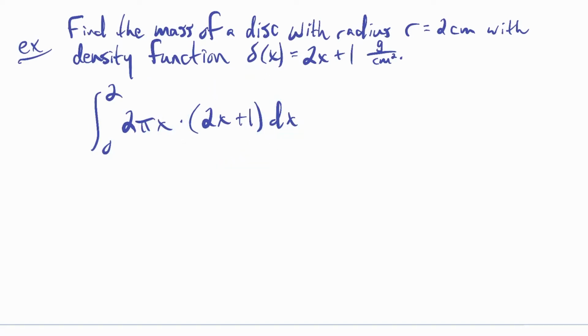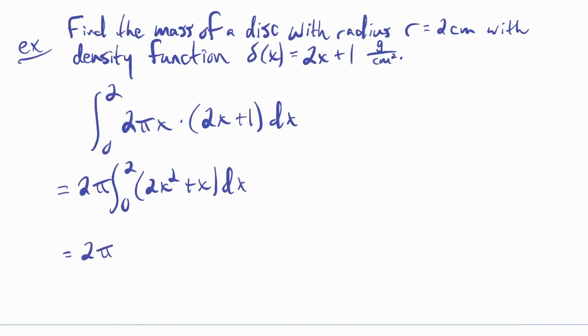Okay, so this is a pretty easy integral, but you know what? I should probably move that 2 pi outside. Why not? Let's do that. So I'm going to have 2x squared plus x dx. So this equals 2 pi times 2x cubed over 3 plus x squared over 2, evaluated at 0 and at 2.